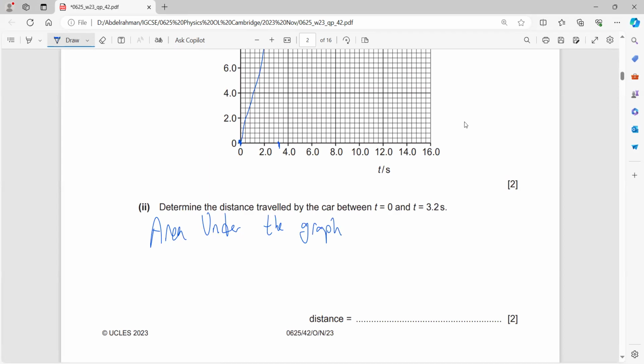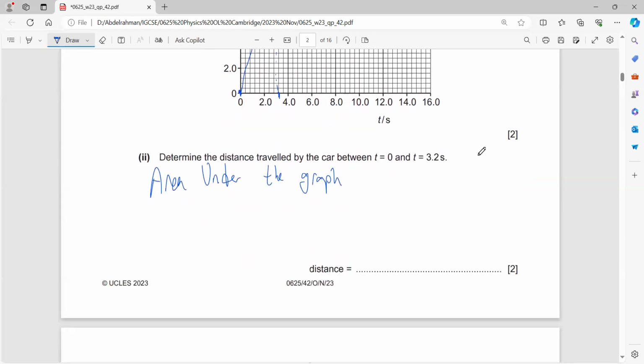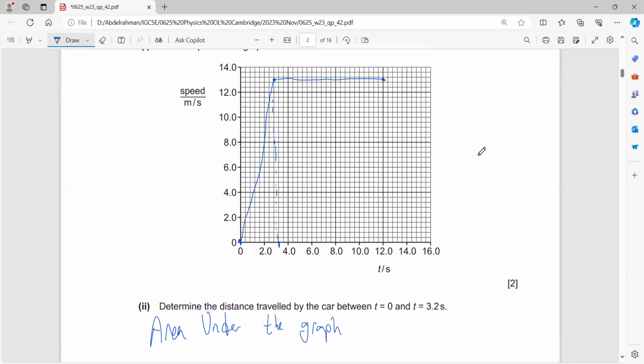What's the area under the graph from 0 to 3.2? Is it a trapezium? No, up to 3.2, it's a triangle. So we're not doing the part before. He said from 0 to 3.2 only. Did he say up to 12? No.